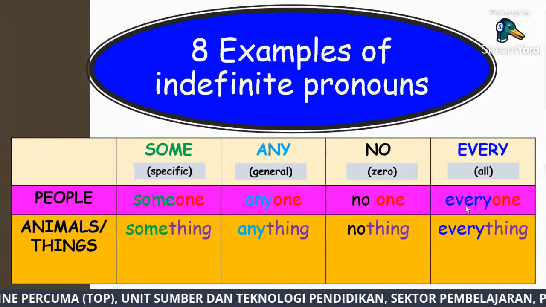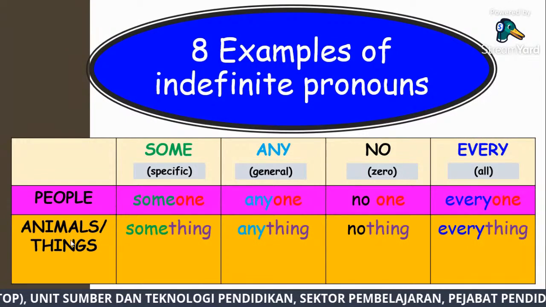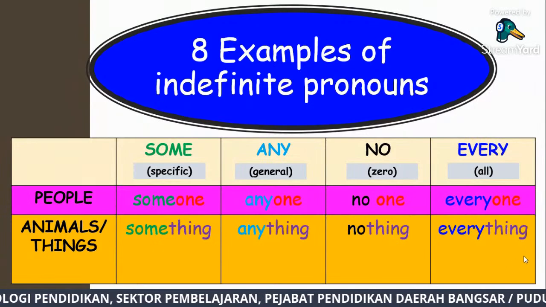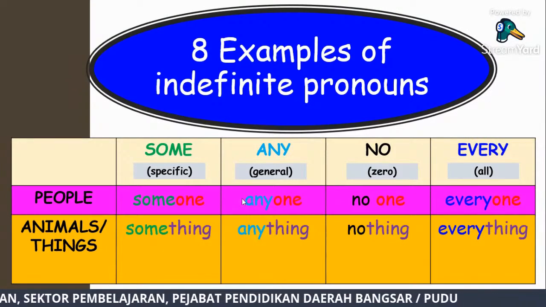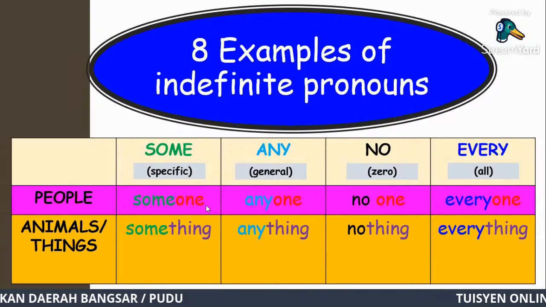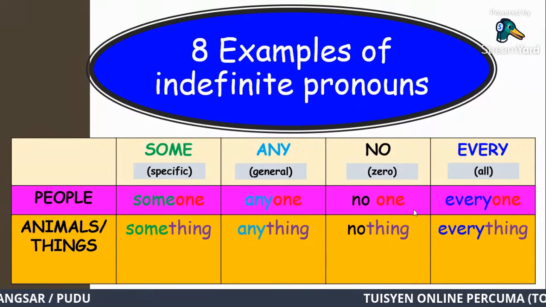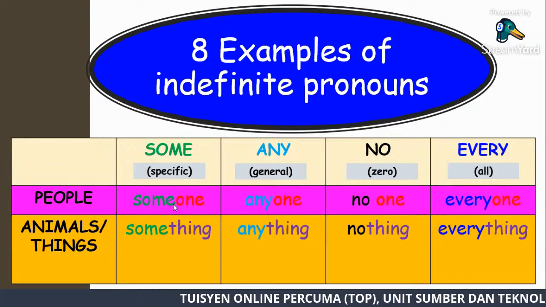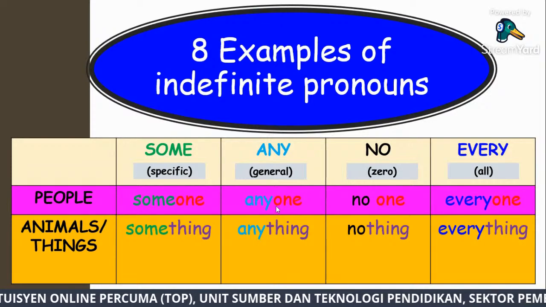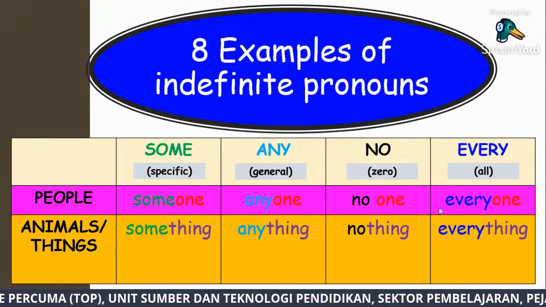And if you are going to relate this with animals or things, then you have to use everything. So basically, as I told you before, whenever you're talking about people, it has to be "one" at the back, okay. And the only difference is what you have at the beginning: some, any, no, and every.